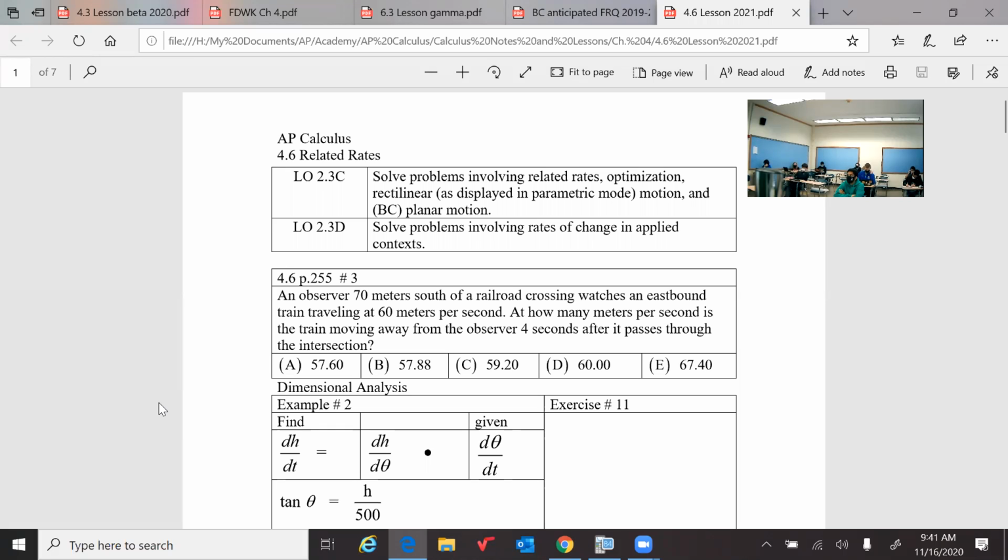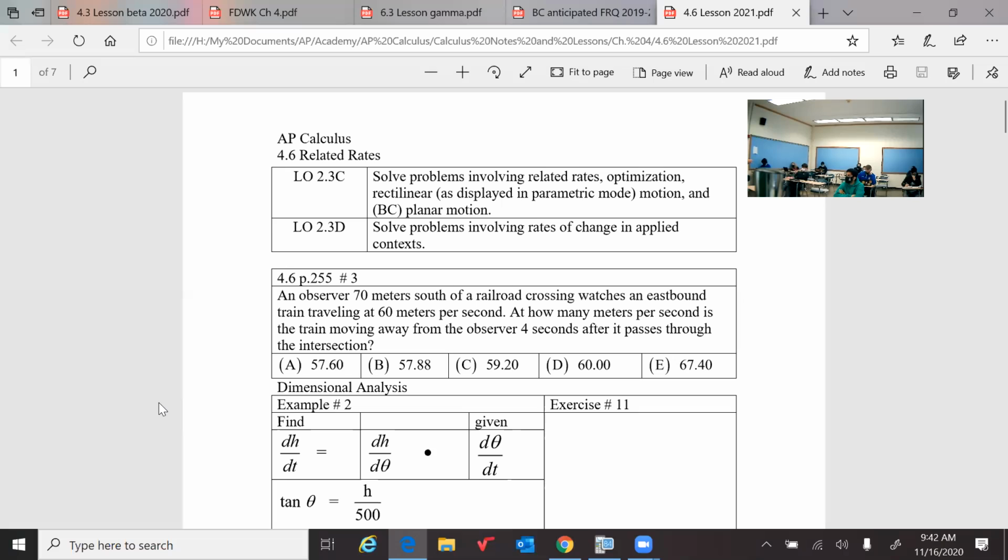Now, there are two approaches to related rate problems. This problem can be done with either approach. The question we're going to take you to from the AP test in 2016 would be done with dimensional analysis.